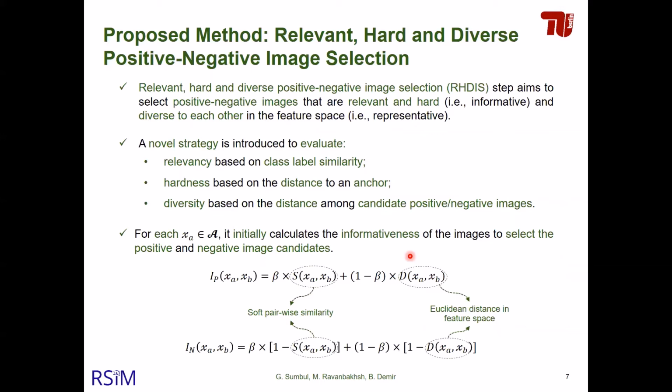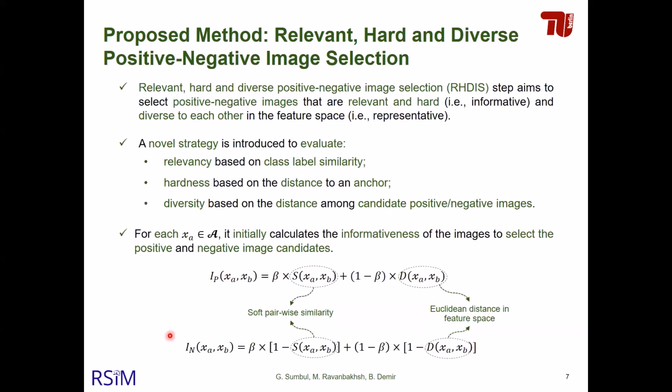The hardness of an image is defined based on its distance to an anchor, and the diversity of a positive image is measured based on the distance among other positive images, and it is the same also for negative images. Accordingly, this strategy initially calculates the positive and negative informativeness scores that consider relevancy and hardness.